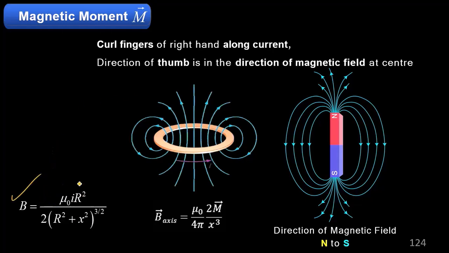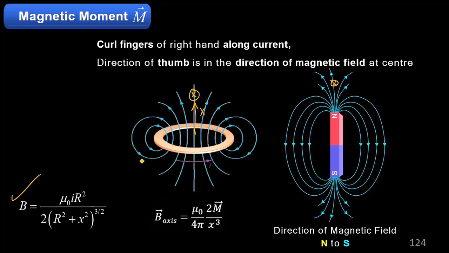B is this formula, B at any axial location, at a distance of x from the center of the loop, where the magnetic field is mu naught I R square divided by this. Similarly, if I want to calculate the magnetic field for a permanent magnet at a distance of x from this point, then I should apply this formula.